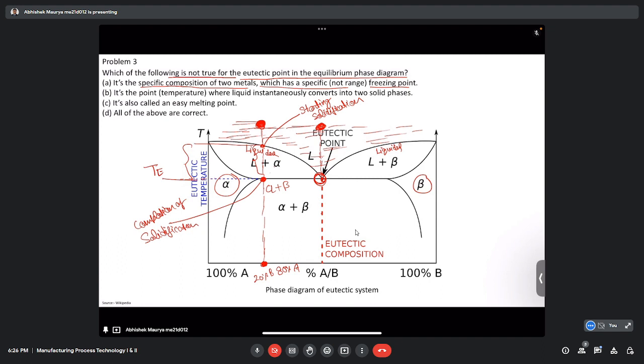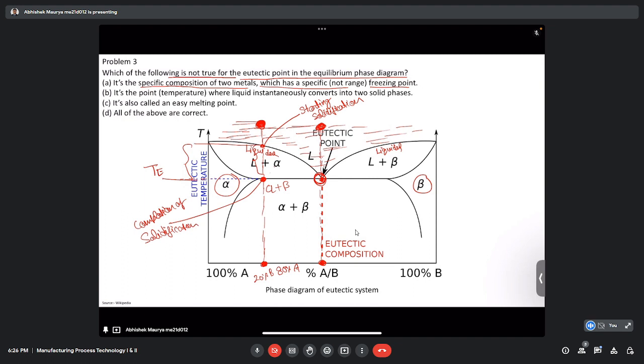Suppose we took the eutectic composition and heated it. Its temperature will increase, and as soon as we reach the eutectic temperature, the complete material converts into liquid.